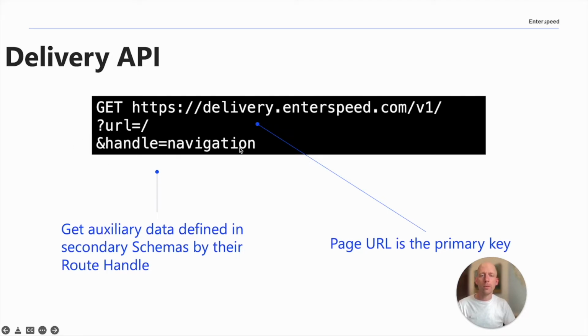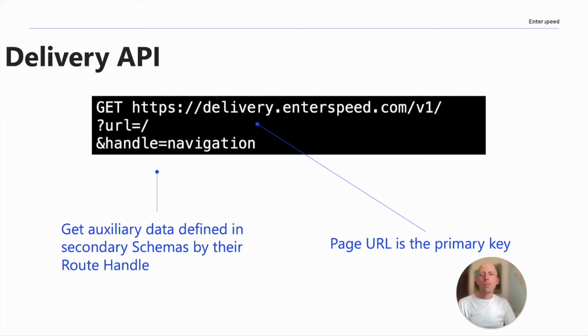Here it's used for navigation, but it could also be dictionary items, footer, settings, and all the other things that are reused across the different pages on your website. And we offer all of those pieces in one single API request to make it possible to deliver a fast server-side response time for your front-end application.